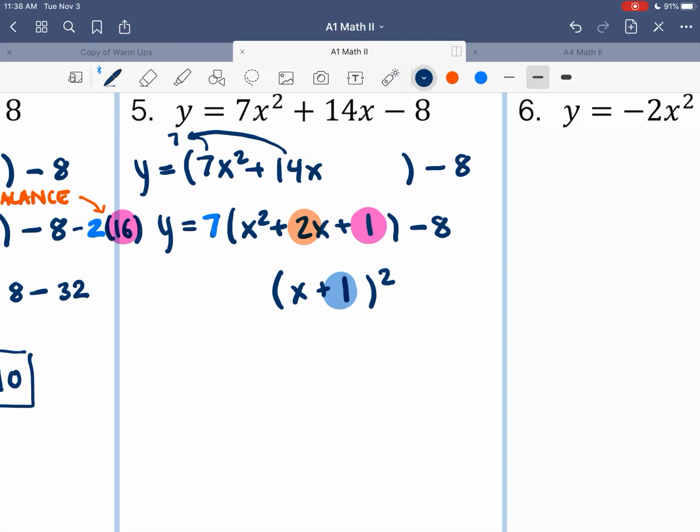When we keep the balance, we have to take away 7 times the 1 that we just added, which ends up being 7 anyway. But then we have -8 minus 7, which is -15. And the 7 stays out front of our equation. And that's vertex form.